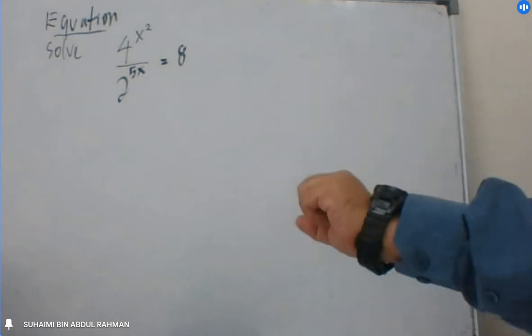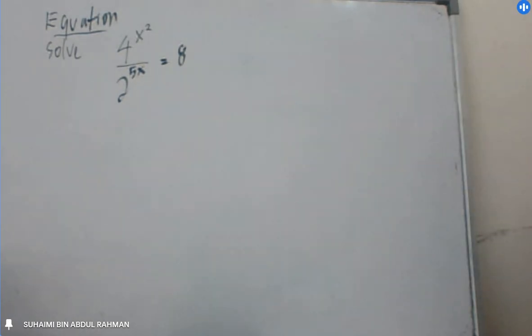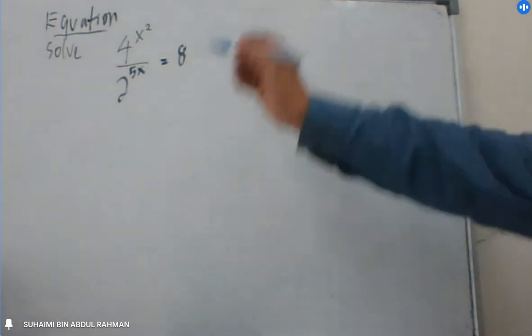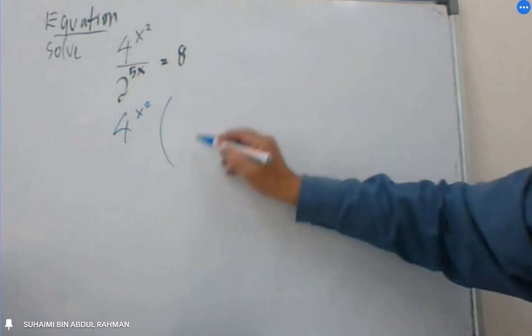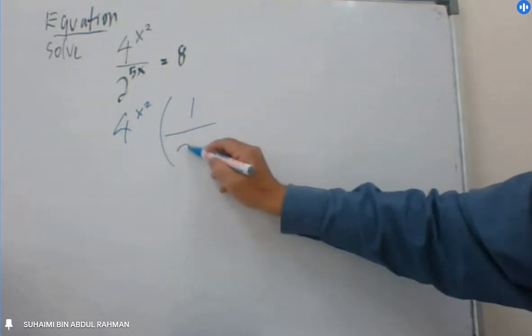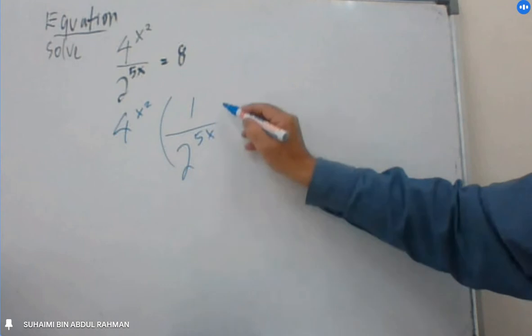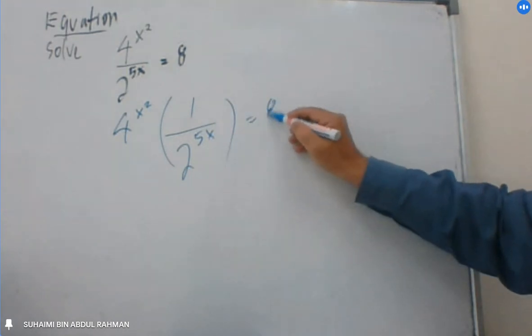Again, equations for exponents. This can be written as 4x squared times 1 over 2 to the power of 5x equal to 8.